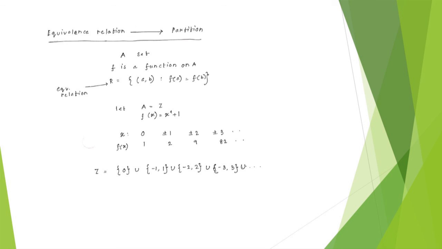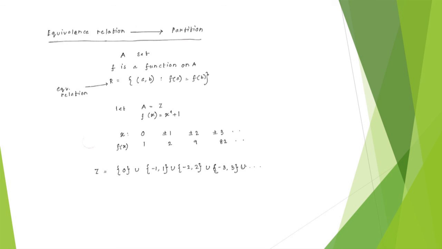Whenever x is plus 1 or minus 1, f(x) equals 2. Whenever x is plus 2 or minus 2, f(x) equals 9. Whenever x is plus 3 or minus 3, f(x) equals 82, and so on.